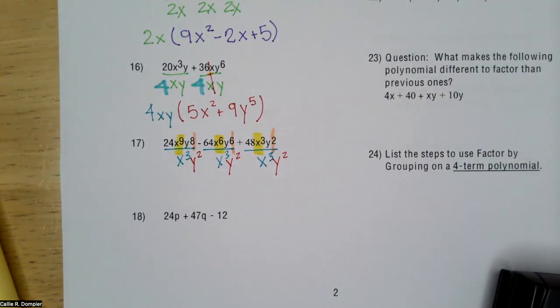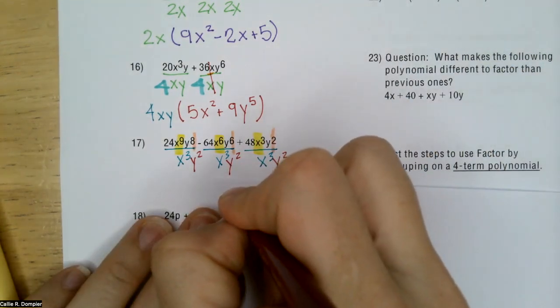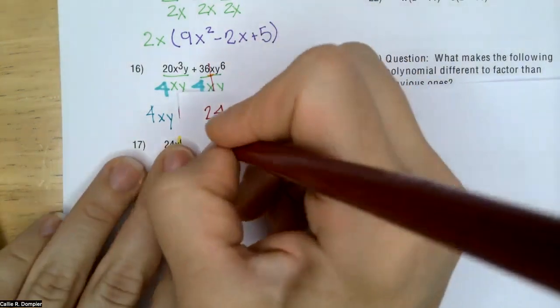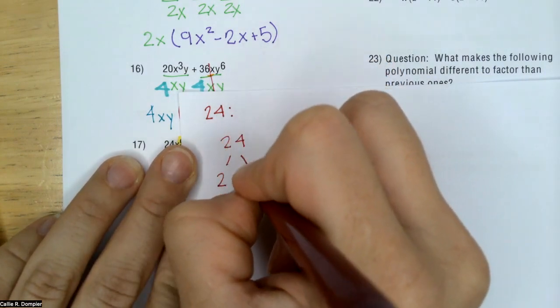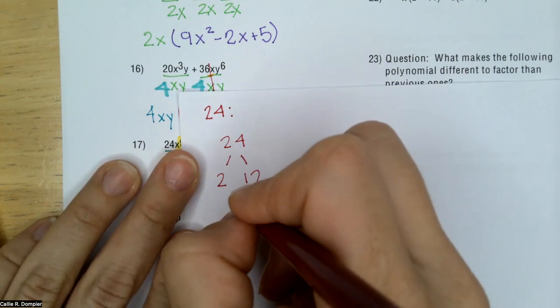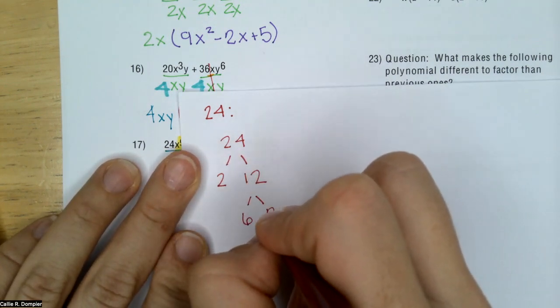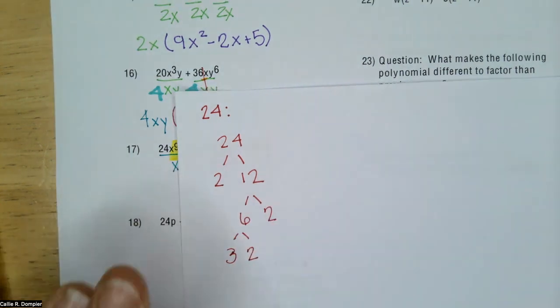All right. 24. You can do 2 and 12, right? You can do 12 is 6 and 2, and then 6 is 3 and 2, right?